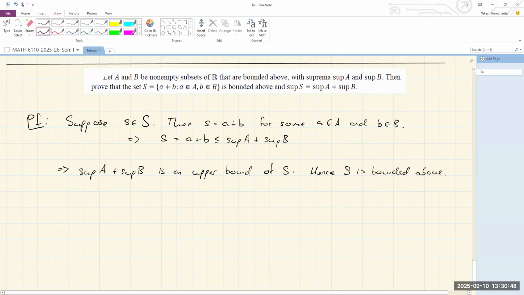So now we've shown it's bounded above. Now I need to show that it has a supremum that is equal to this number.